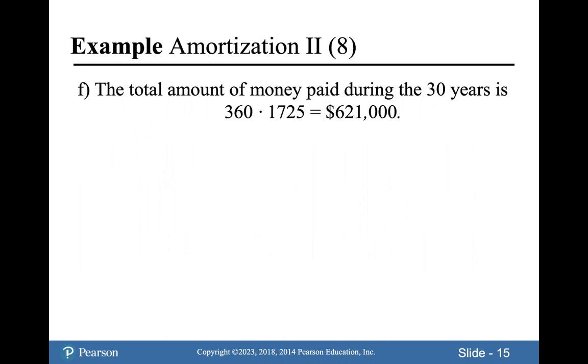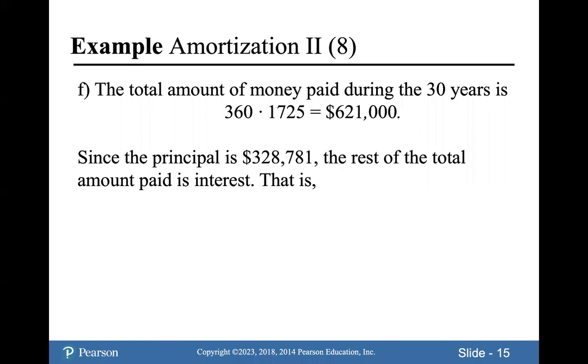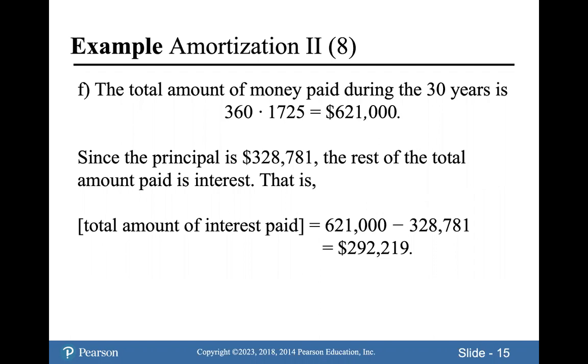And then finally, the total amount of money paid during the 30 years is 360 times 1,725, which is $621,000. Since the principal is $328,781, the rest is being applied to interest, which is $292,219.